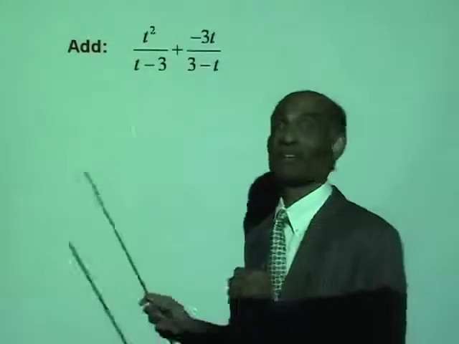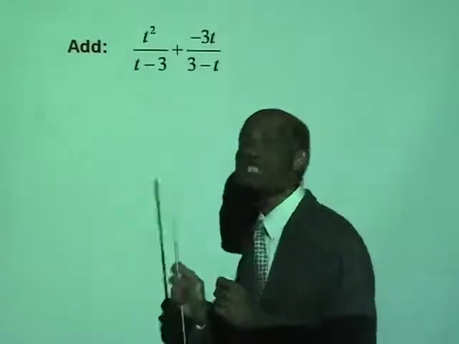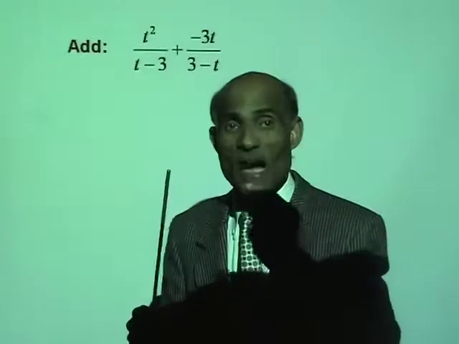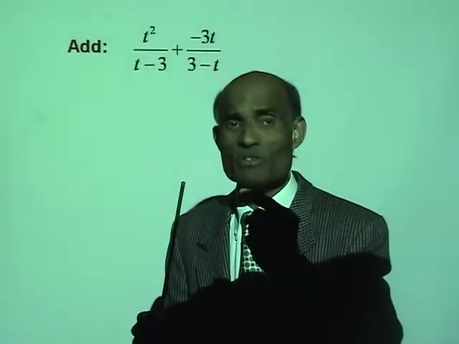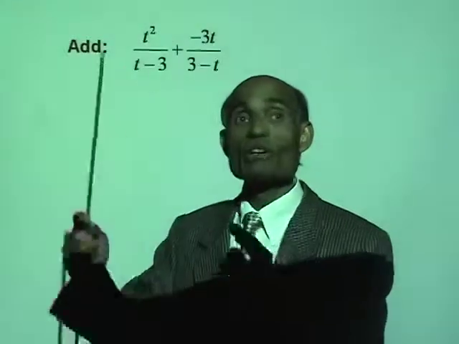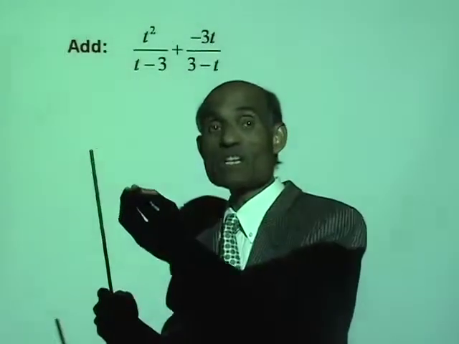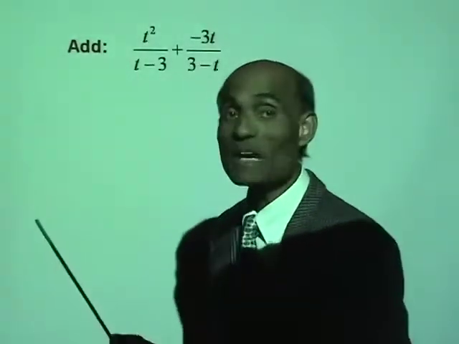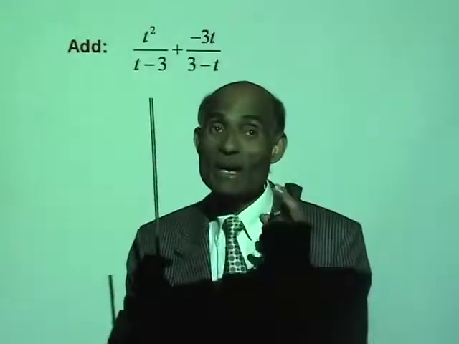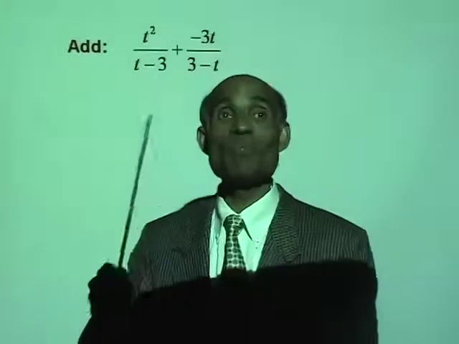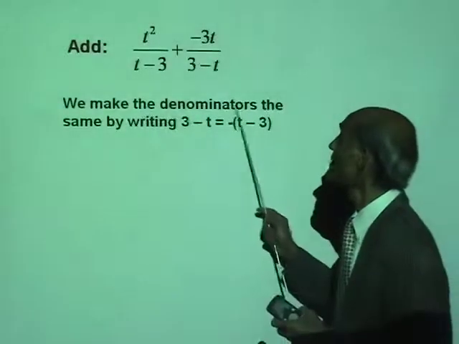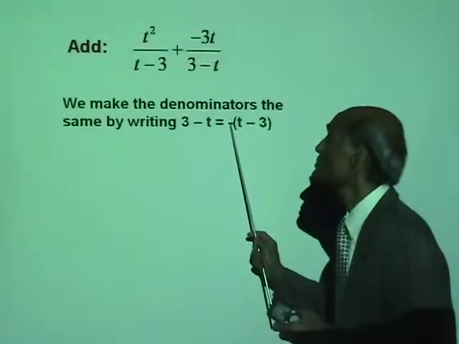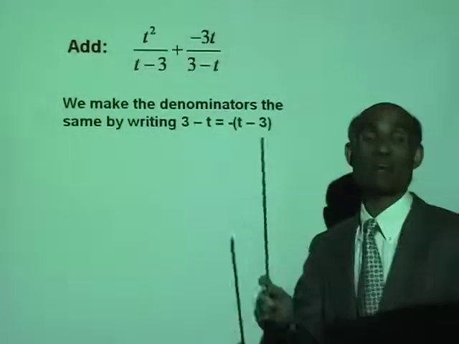Yes, we can actually. Can you write 3 minus t as equal to negative of, well, 3 minus t is the same as negative of t minus 3. So you can make both denominators the same by factoring out a negative 1. We make the denominators the same by writing 3 minus t equal to negative of t minus 3.